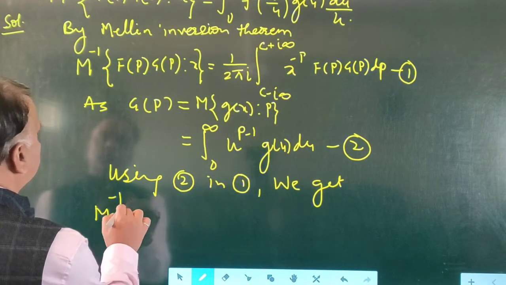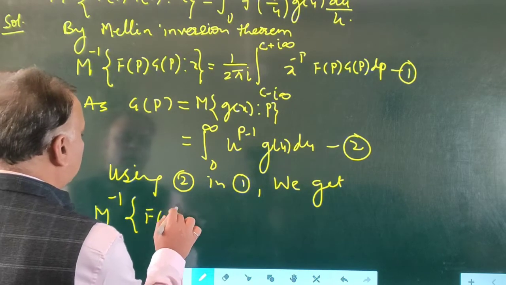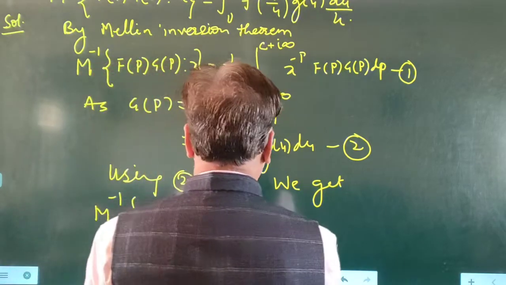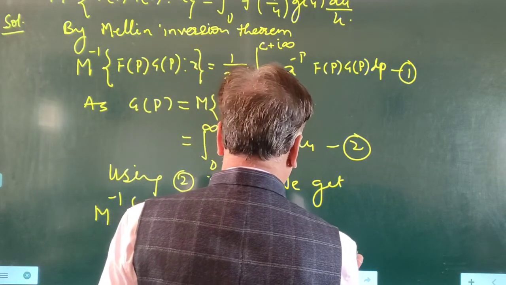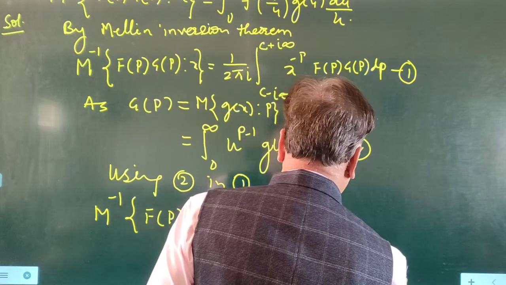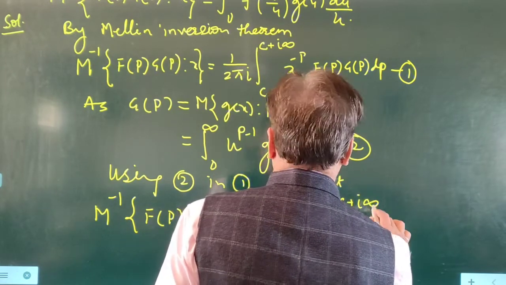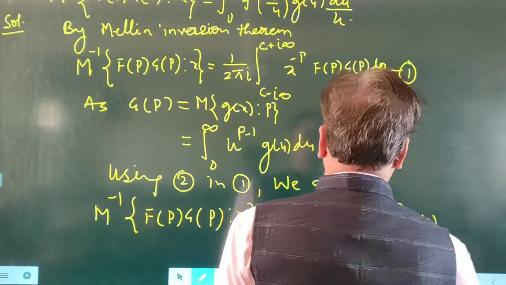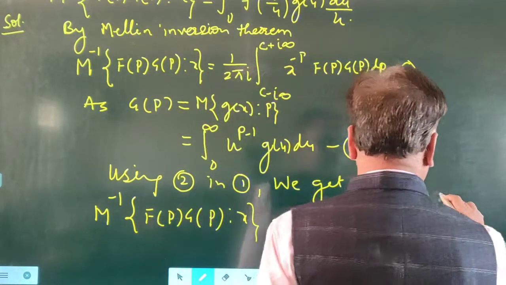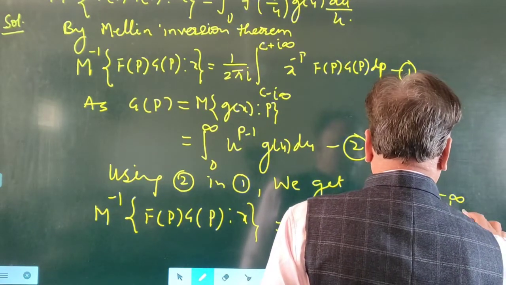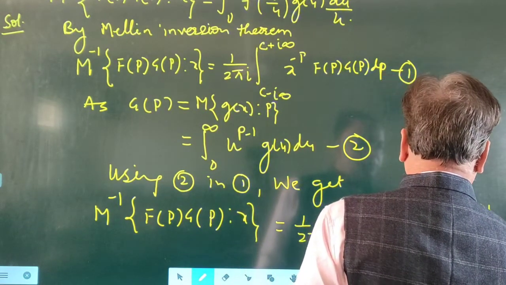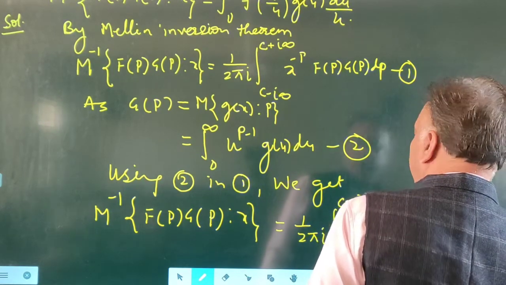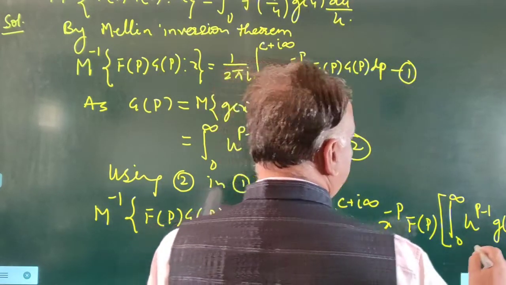the inverse Mellin transform of F(p) G(p) with respect to x is equal to 1 upon 2 pi i, the integral from c minus i infinity to c plus i infinity of x raised to minus p F(p) times the integral from 0 to infinity of u raised to p minus 1 g(u) du, and then integrate with respect to p.